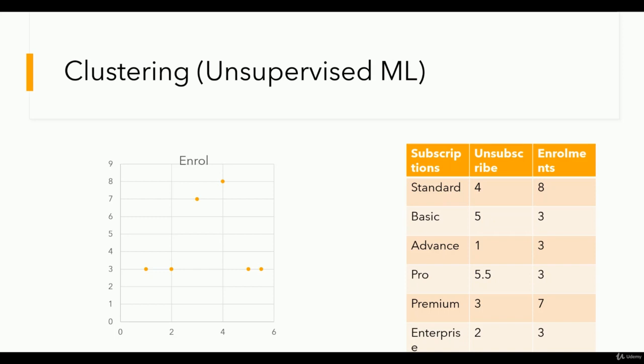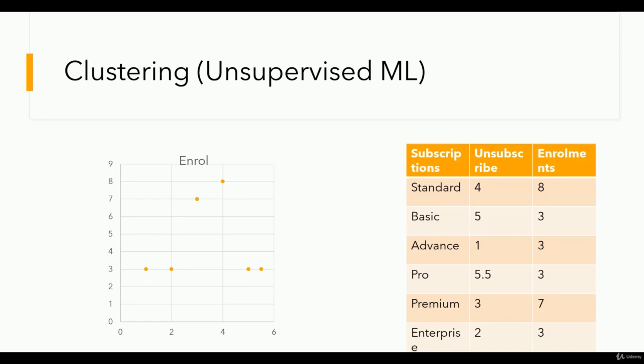On the screen you can see the subscriptions. There are multiple subscriptions which I have, with unsubscribers and enrollments for each particular subscription for a given period of time. For the standard, I have 4 unsubscribers and 8 enrollments.